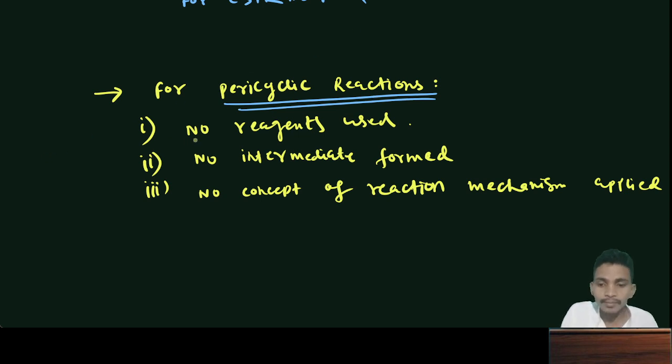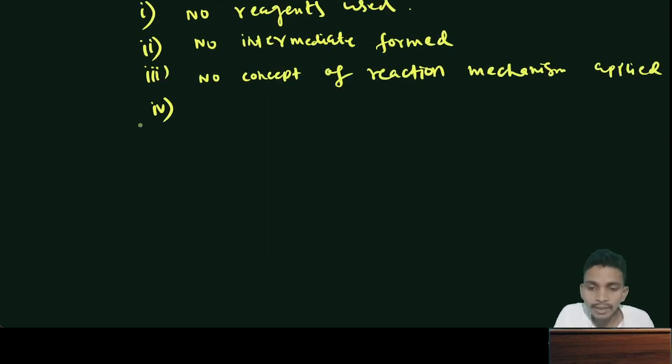Okay, another is that here the product formed has a specific stereochemistry. It means that here one product will form. So you don't need to understand about the stereochemistry. So no concept of intermediate stereochemistry is used.